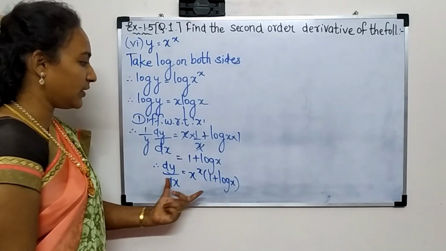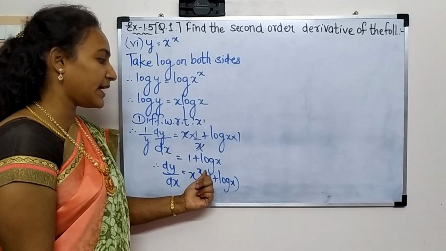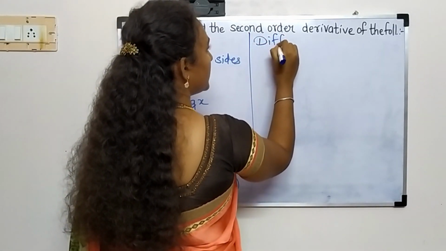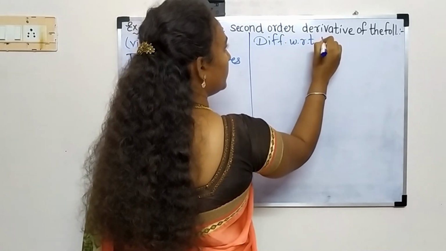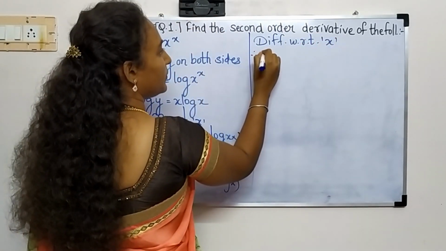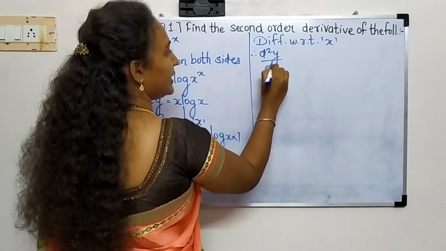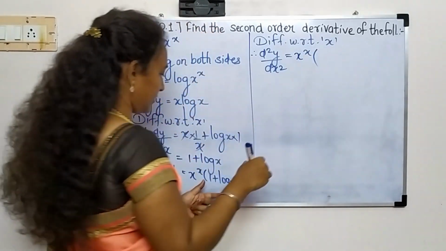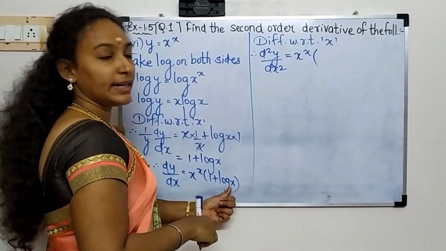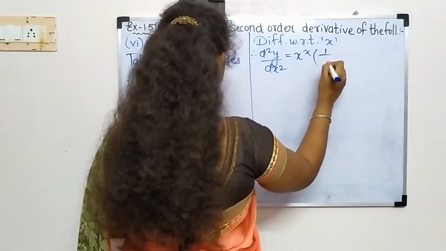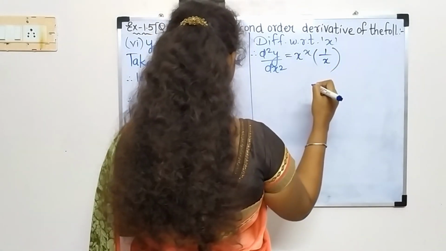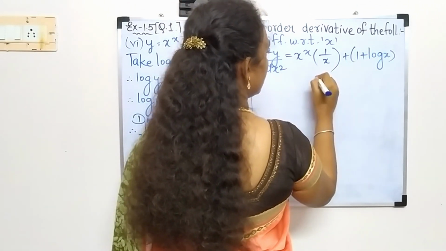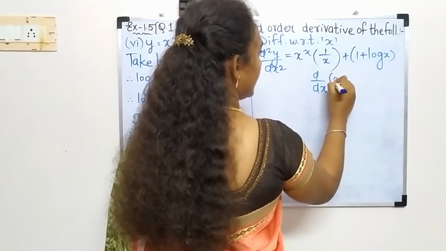Our y is x power x. Now we are going to differentiate this function, that is x power x into (1 plus log x), with respect to x. Therefore, d²y/dx² is equal to, this is x power x, derivative of 1 is 0 and derivative of log x is 1 by x, plus (1 plus log x) d by dx of x raised to x.